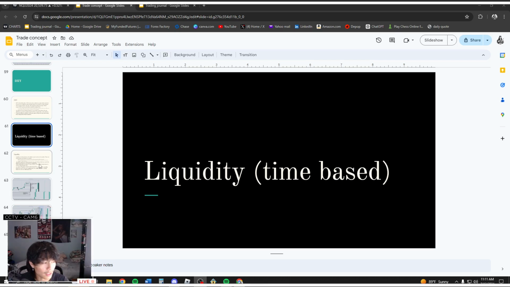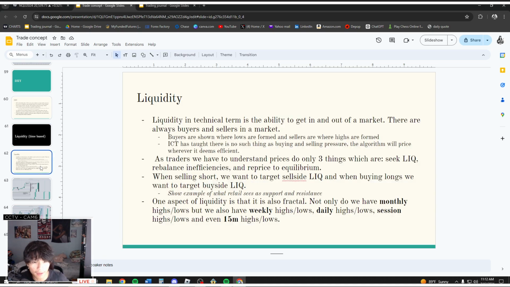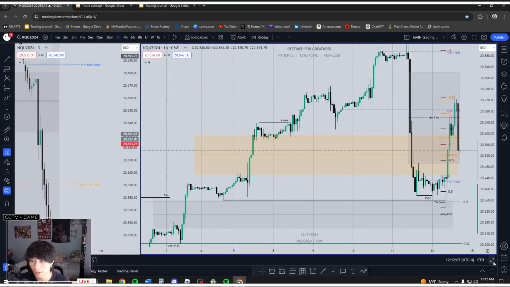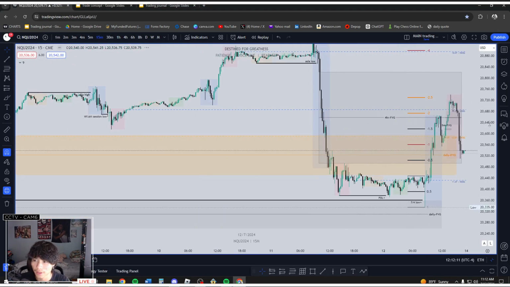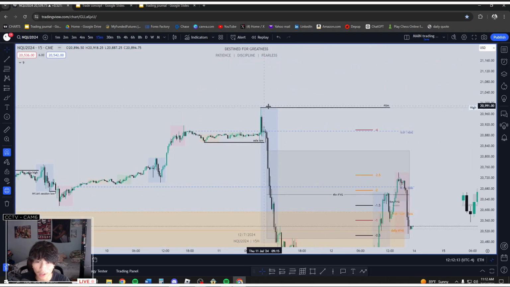So you're going to ask, what is liquidity? Liquidity is basically highs and lows. Whenever you think about the markets, if you look at this high right here, this is created when there's selling. There's selling occurring over here, right?